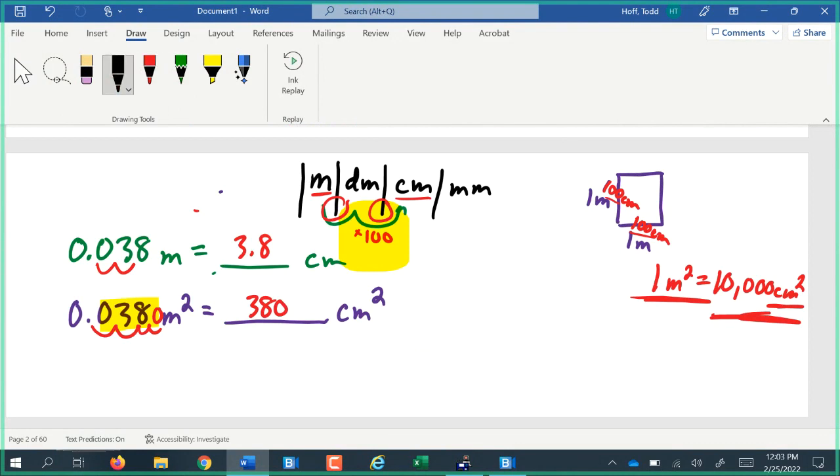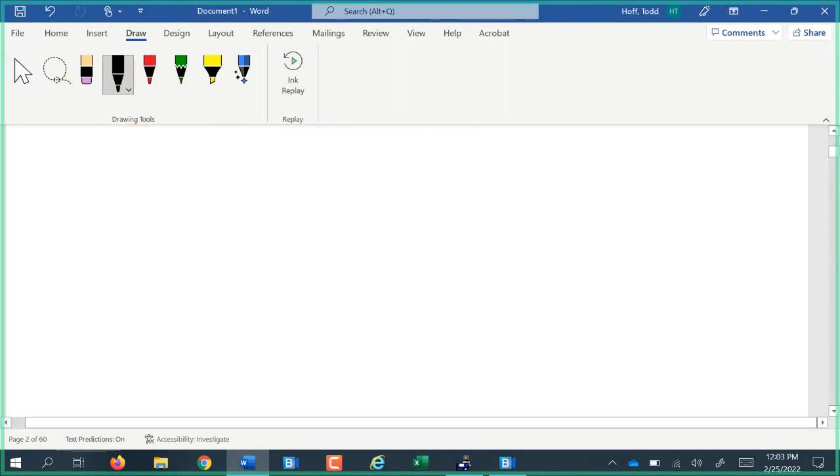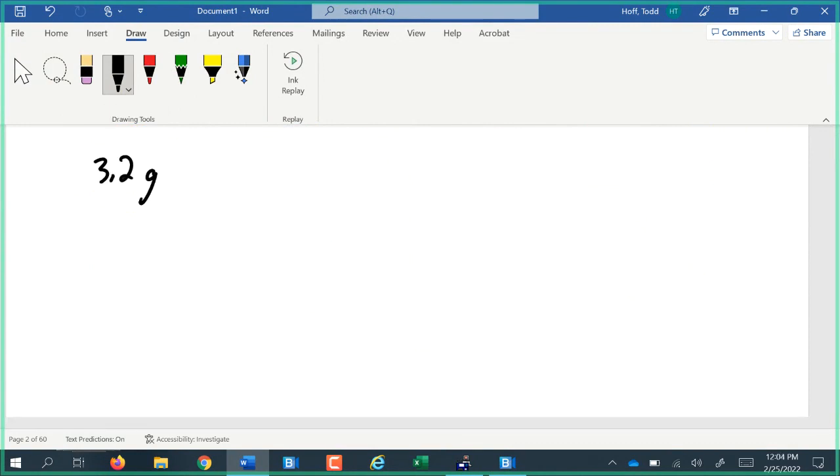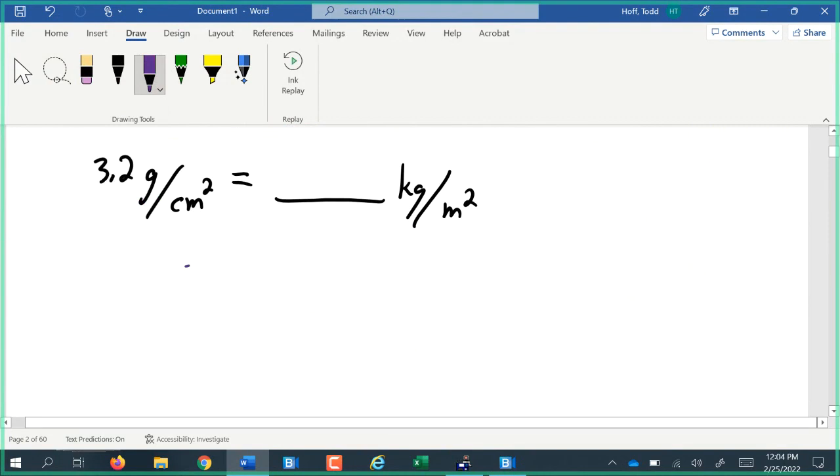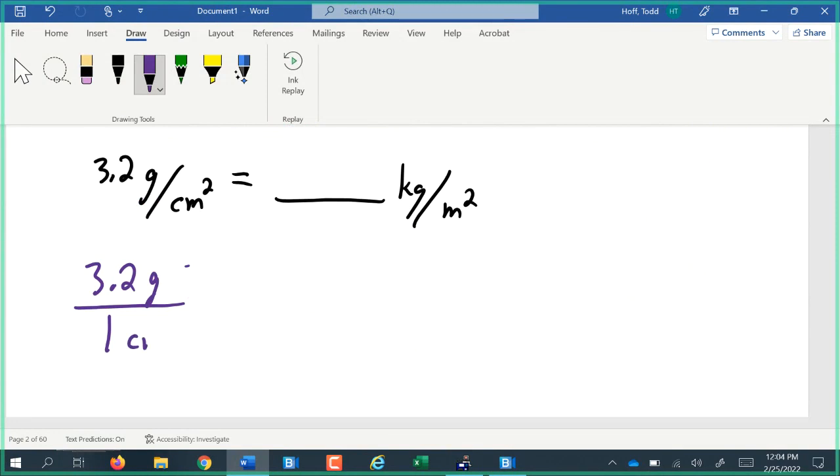The reason I bring that up is because pressure is always in a unit of force over some sort of squared unit. So if we have 3.2 grams per square centimeter of pressure, and I want to convert that into kilograms per square meter of pressure, once again, our 3.2 grams is over 1 centimeter squared.